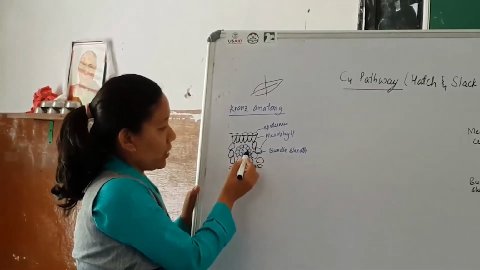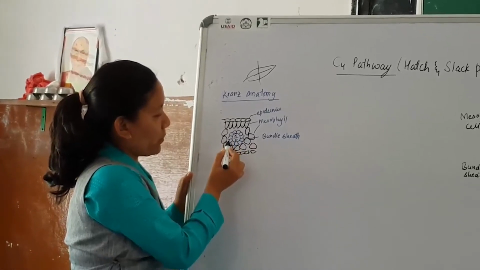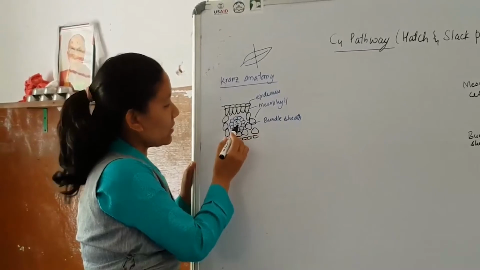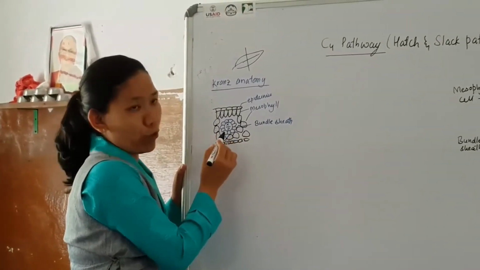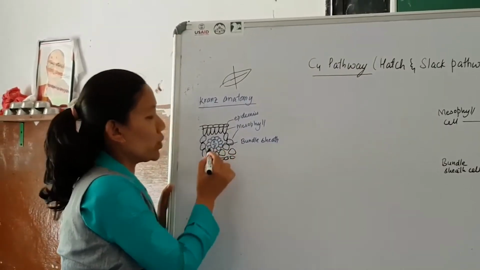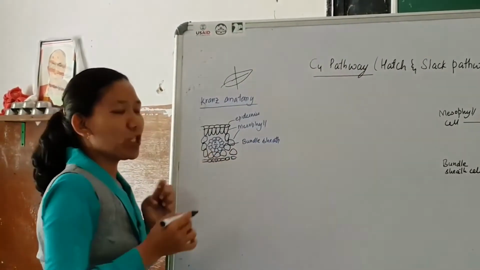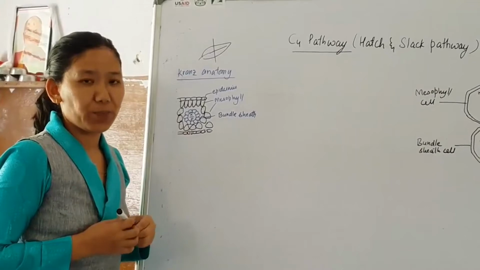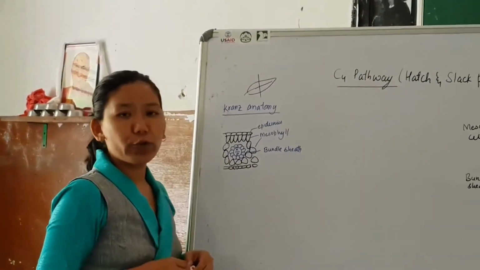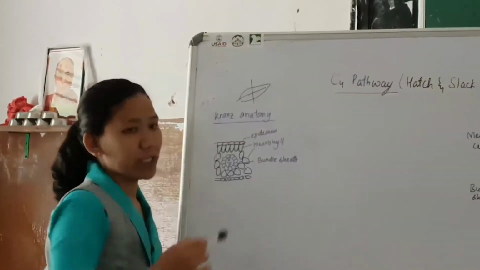Now, in this Kranz anatomy, we have a special group of large, bigger sized cells called bundle sheath cells, and this surrounds the xylem and phloem, that is the vascular bundle. So this bundle sheath surrounds the vascular bundle, and this bundle sheath also contains chloroplast. So there are two sites where you can find the presence of chloroplast, mesophyll and bundle sheath.